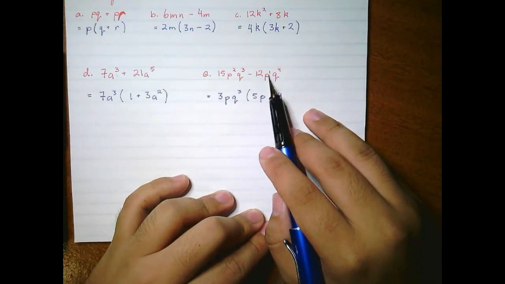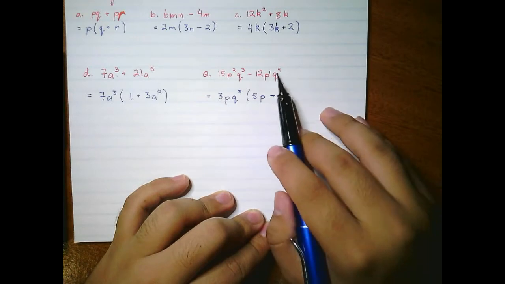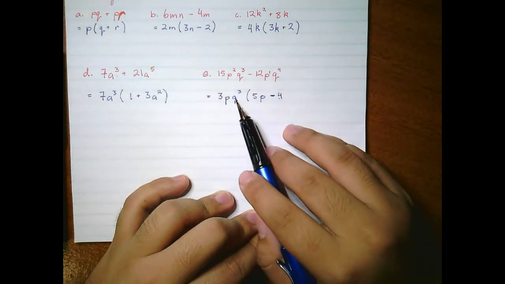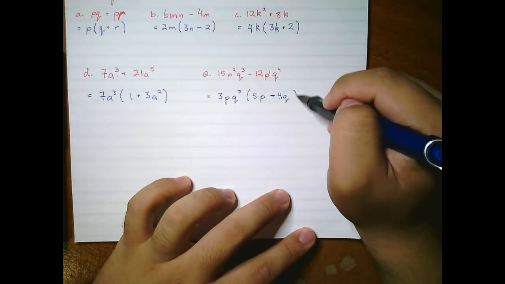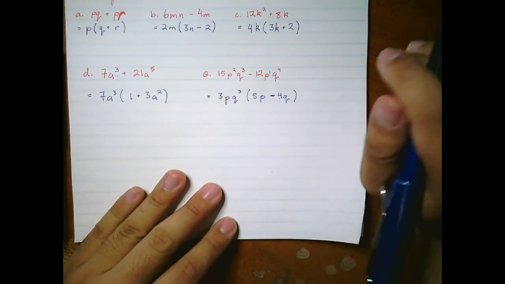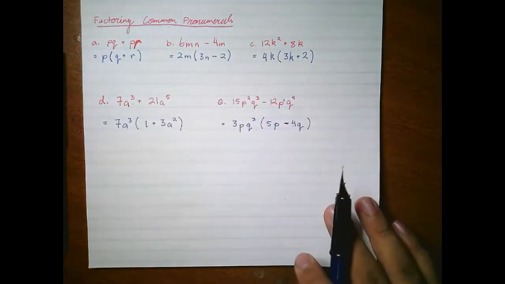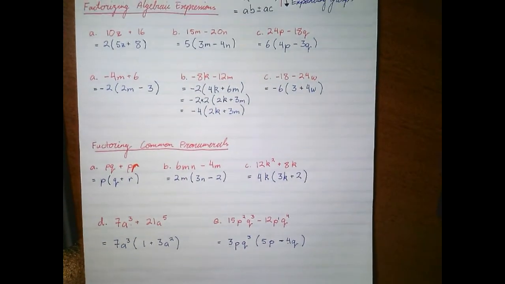This has 1p. We already have 1, so we don't need it. This has q to the 4, so there are 4 of them. This one only has 3, so we need 1 more. So we put a q there, and that's the factorization with common pronumerals, and we've actually combined everything together. Best of luck.